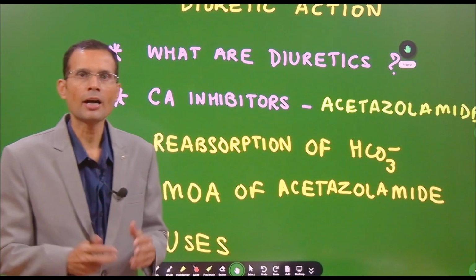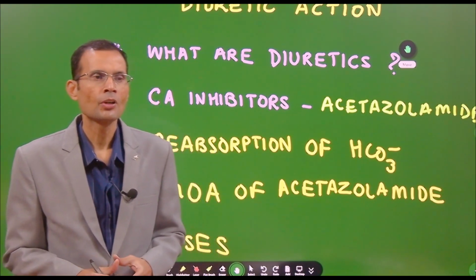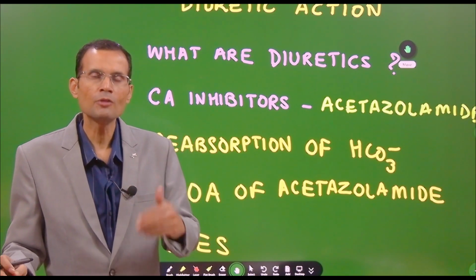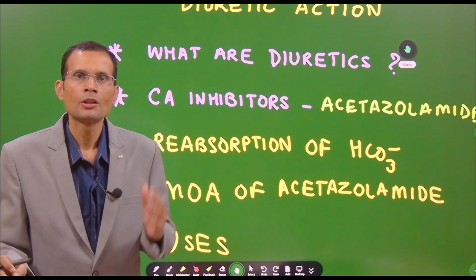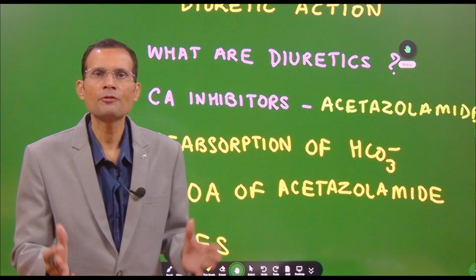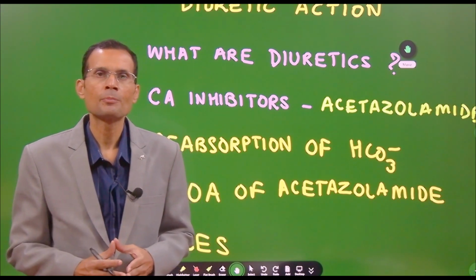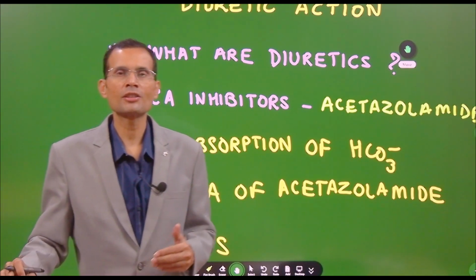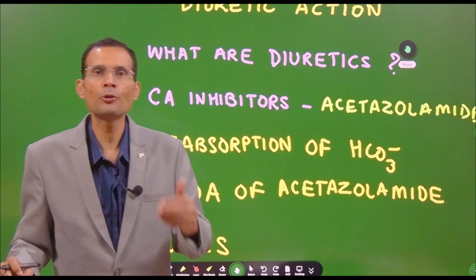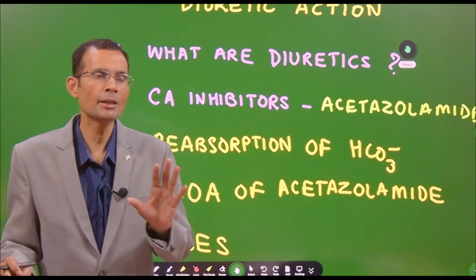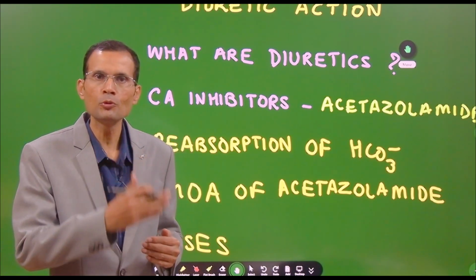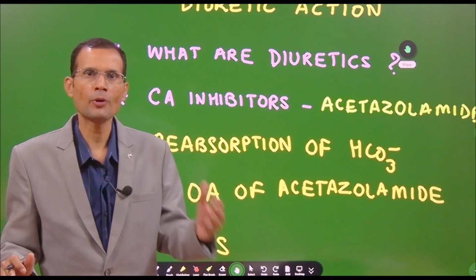Starting with the basics, what are diuretics and why are they used? Diuretics are the drugs that increase the urine output by increasing the water content of the urine. So that's the general definition of a diuretic. When are they required? They are required in conditions where there is fluid retention in the body, edematous states. Diuretics will increase the urine output, remove some body fluid, and thereby provide relief.